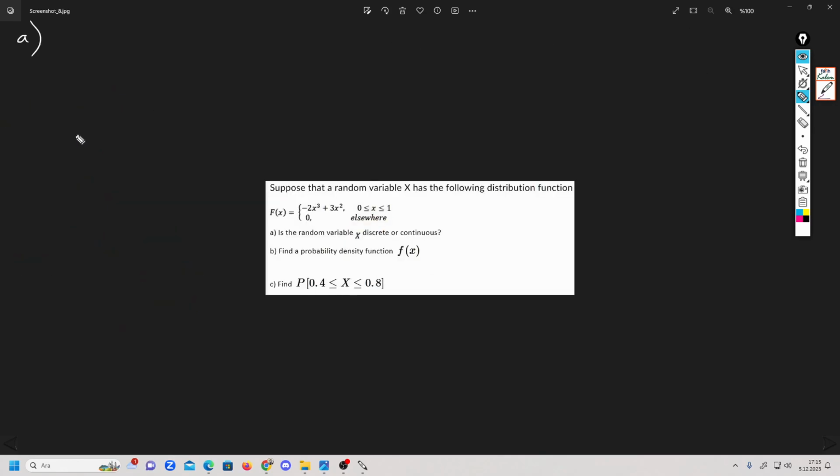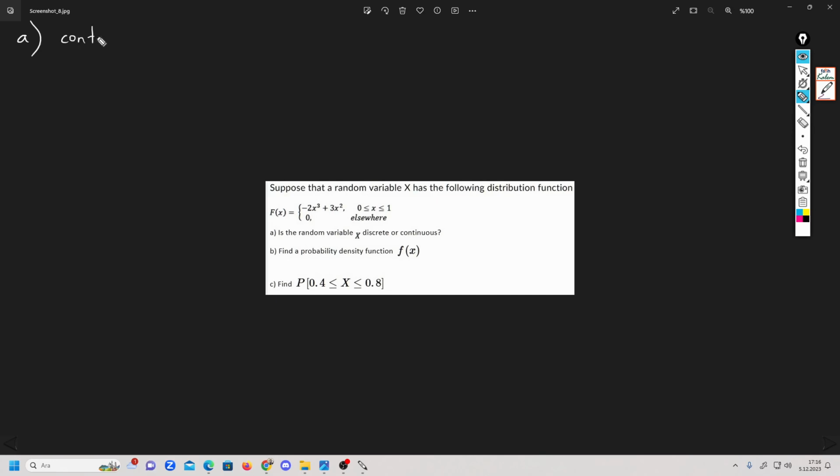Finally, I would like to give this example. Now we are given the cumulative distribution function. Suppose that a random variable x has the following distribution function. The part A is the random variable x discrete or continuous.